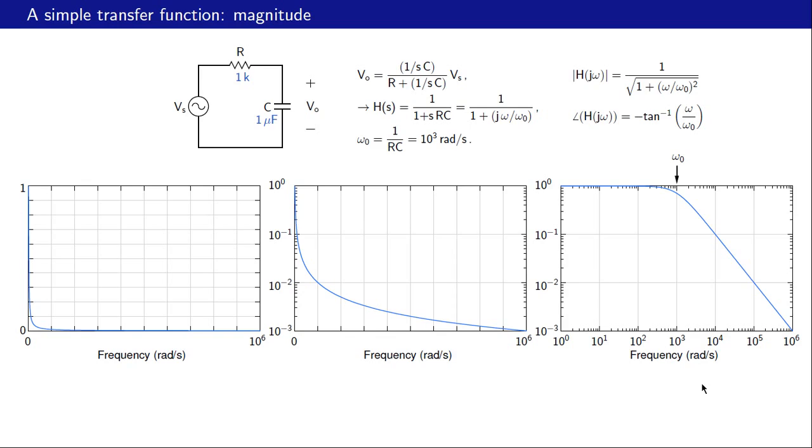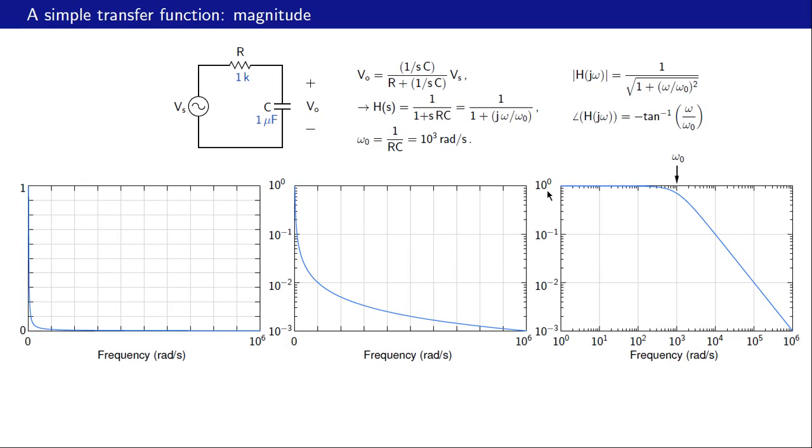Apart from that, when we plot mod of h versus omega in this log fashion, certain trends become very clearly visible. Let us see what those are. At low frequencies, we find that mod of h becomes constant, equal to 10 raised to 0 or 1.